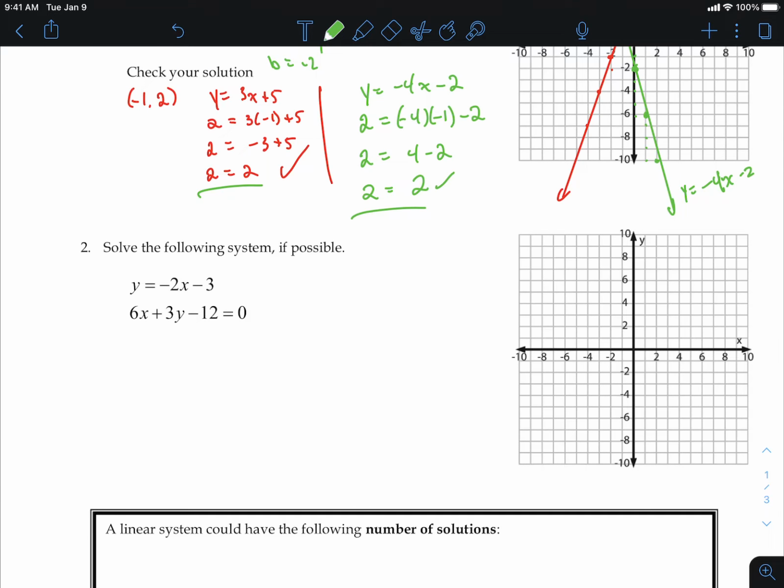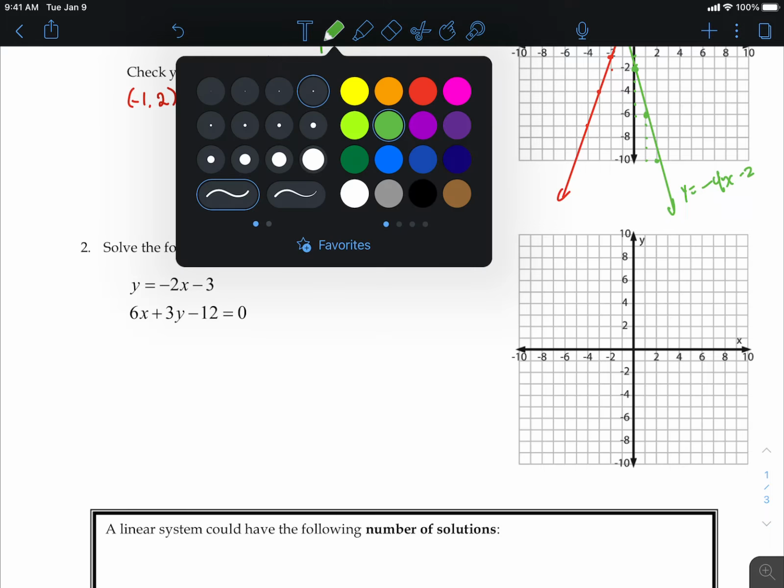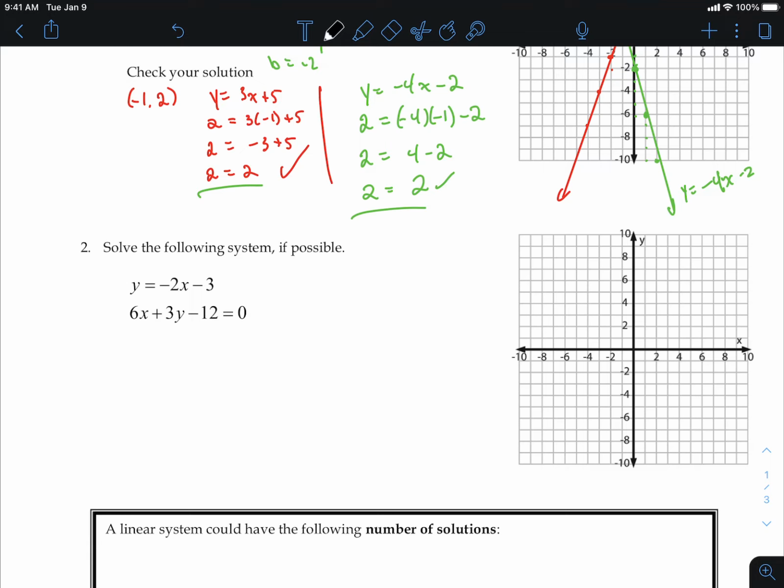So, just to throw a wrench in things, well, we can plot the first one. We could do the first one in black here, if you'd like. M is equal to -2. B is equal to -3.